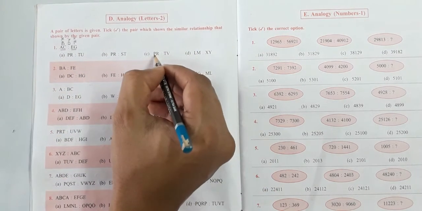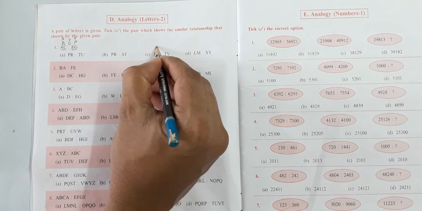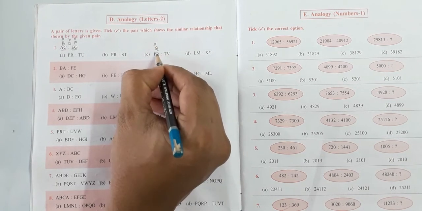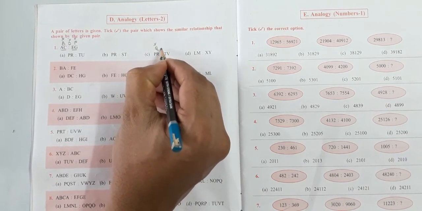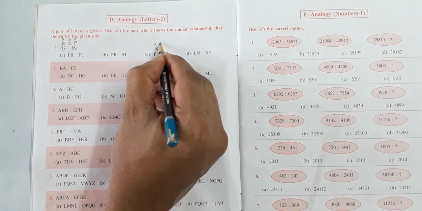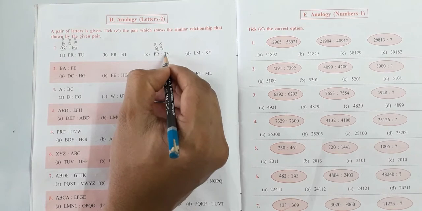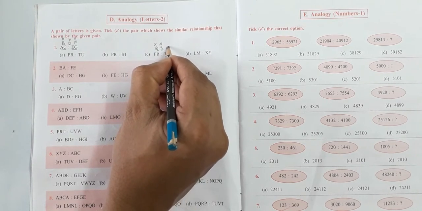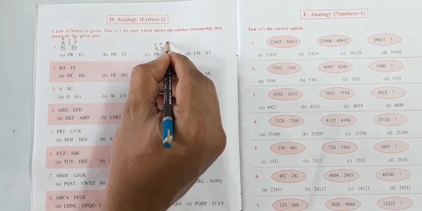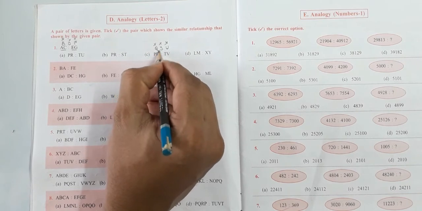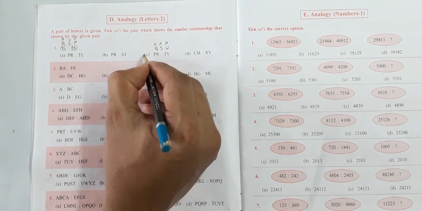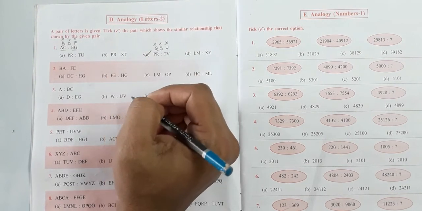Look, P, Q is missing. R. Again to move to the next pair, S is missing. P, Q, R, S, T. In between T and V, we should have U. So, P, Q, R, S, T, U, V. This is the sequence. So, option C.